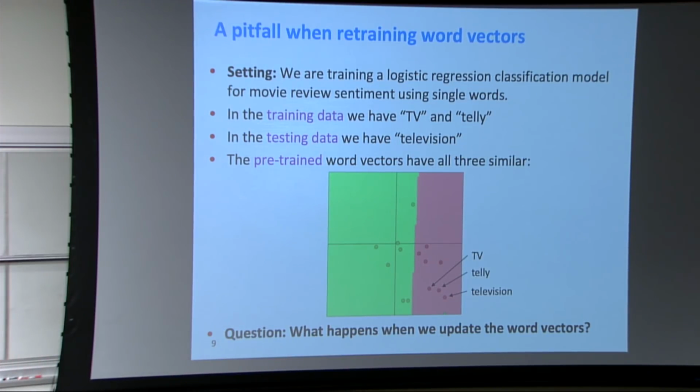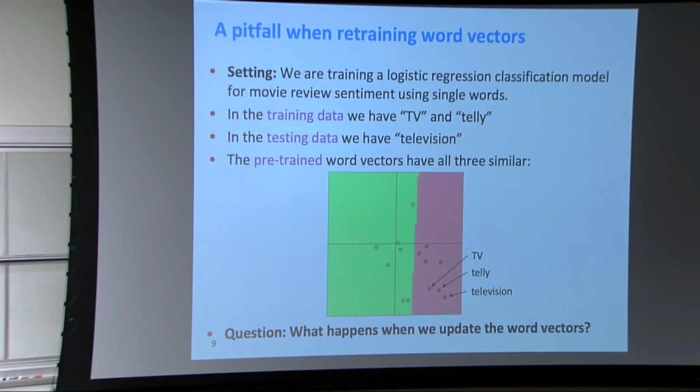So that's great, our word vectors are good. But suppose in the training data for our movie sentiment classifier, we had the words TV and telly, but we didn't have the word television.